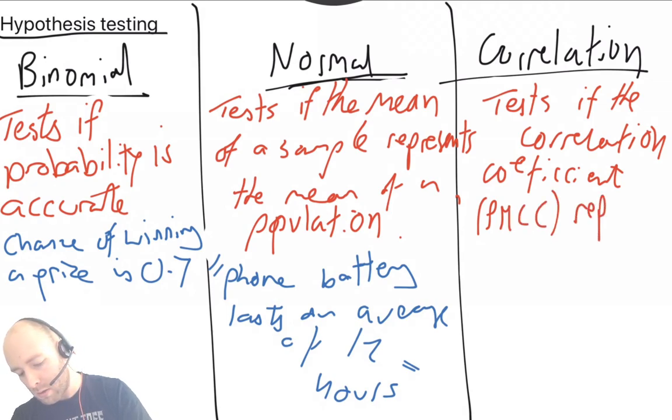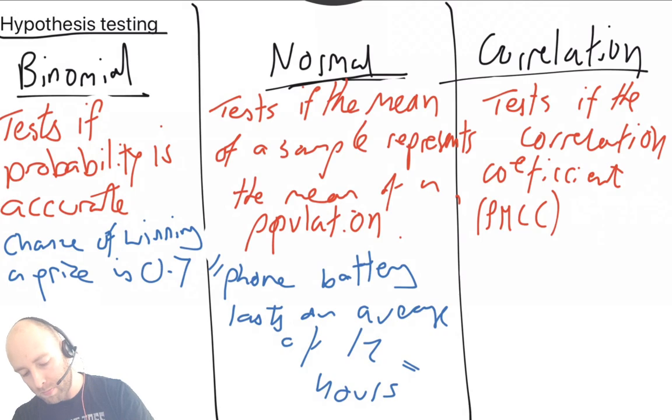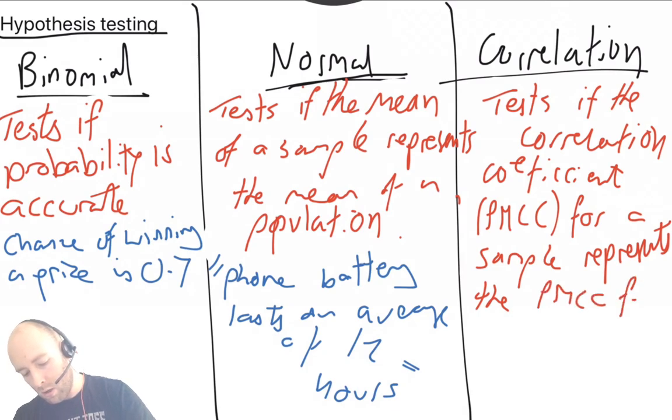Test if the PMCC, the correlation coefficient for a sample, represents the PMCC for the population.